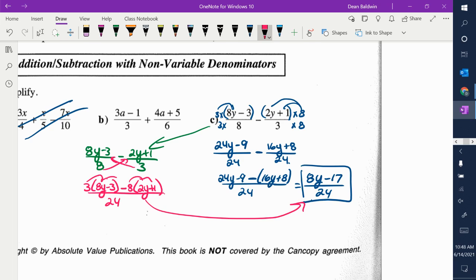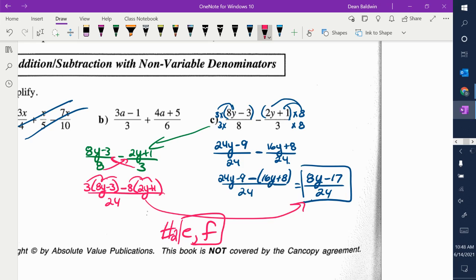Okay, I'm just going to give you a couple questions and then move on to the next bit. So all I want you to do is number 2, E and F. There we go.